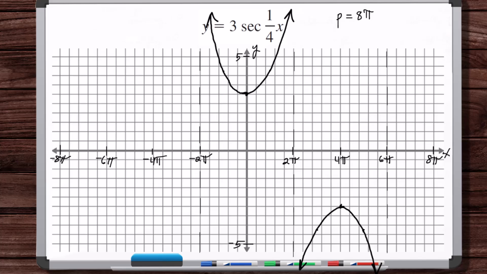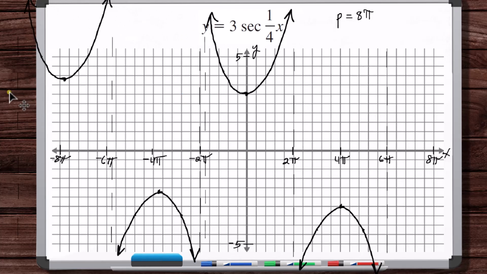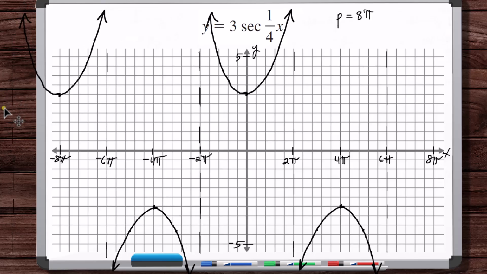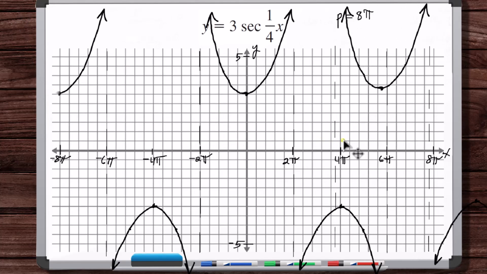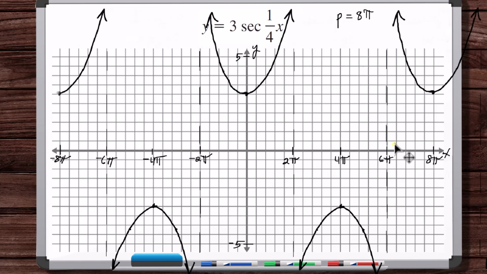So there we go. Now let's copy this. And there's the graph. Also, it's interesting to keep in mind that the reciprocal of secant is cosine.